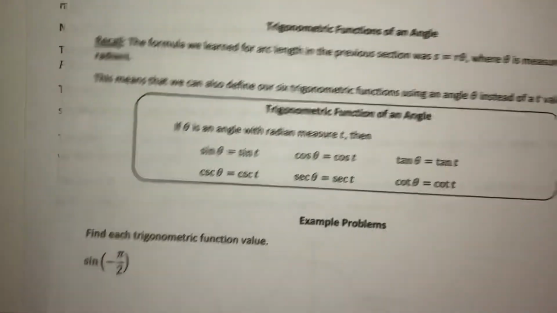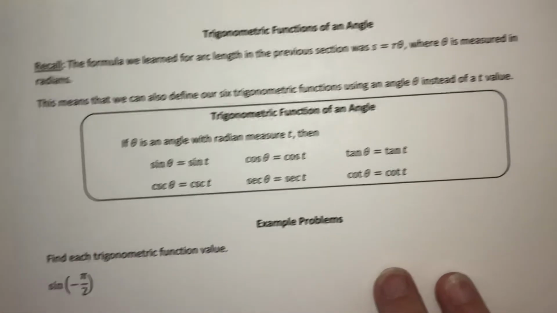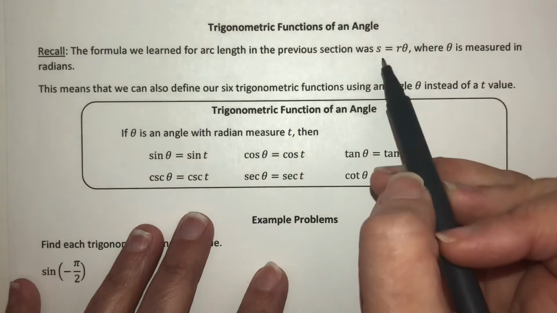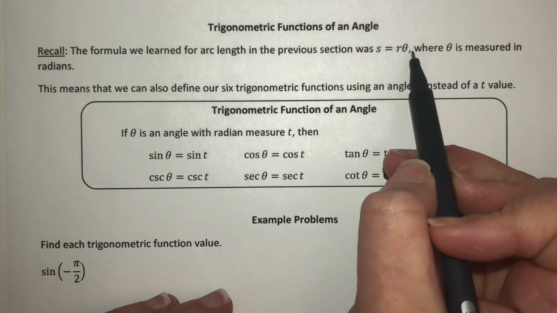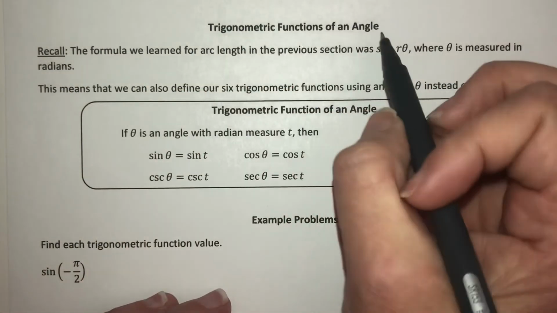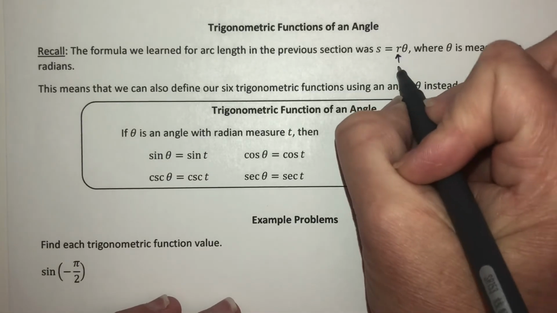So we've talked about arc length, but we can also talk about the trig functions of an angle, and these are very closely related. This is what I meant when I said you're going to feel like I'm defining things twice. Remember the formula from the last section where arc length is equal to the radius times the angle, where the angle is in radians. If we're talking about the unit circle in particular, then our r value is 1.